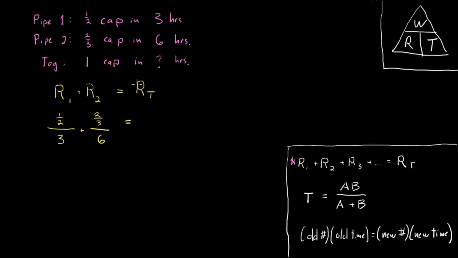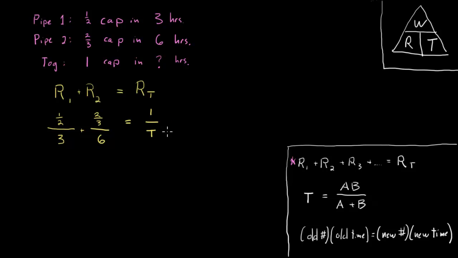And let's see if we can write this in a different way as well. Well, we're looking for how long it'll take to do how much work, to do one capacity. So we're looking for how long it'll take to do one capacity, and that is the time that we're looking for. So we just wrote the rate in a different way here.